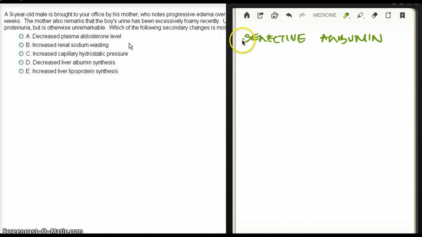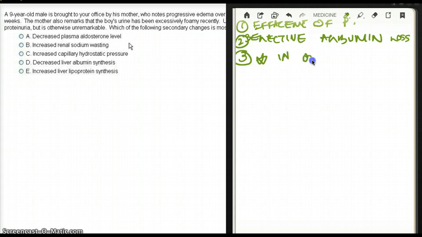The first thing that happens is effacement of podocytes, and selective albumin loss would be the third thing. Now, following selective albumin loss, what happens to the plasma? There's going to be a drop in osmotic pressure inside the serum.